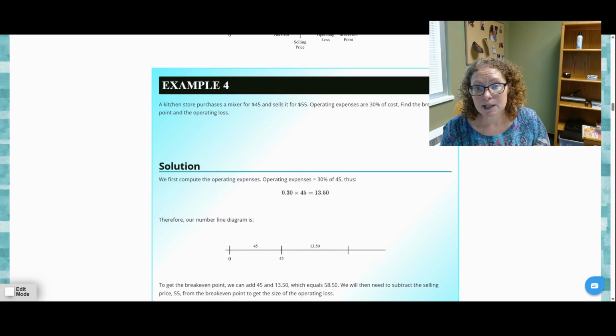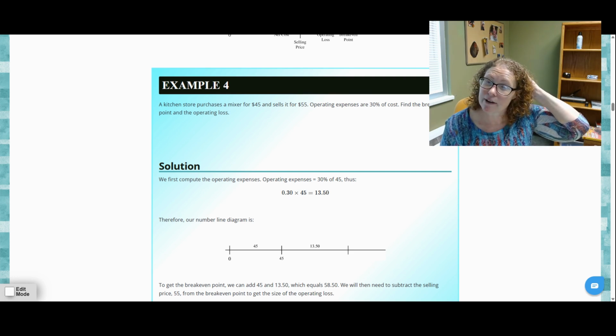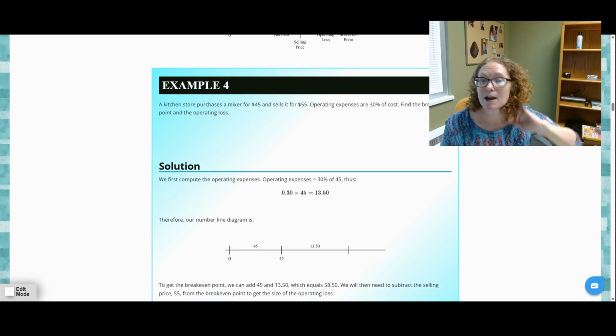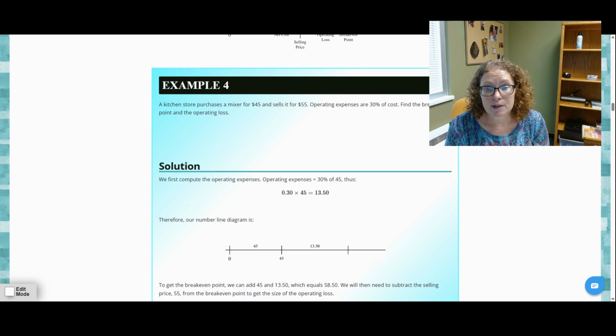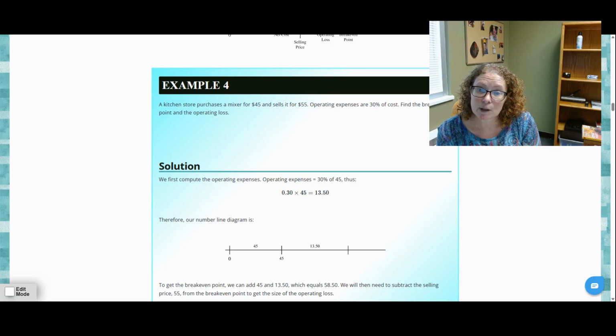So our operating expenses is going to get us to that break-even point. So if we spent $45 on the mixer and 30% of that, or on top of that, is our overhead, then we know that our overhead is $13.50. So when we add $45 plus the $13.50, we get $58.50.